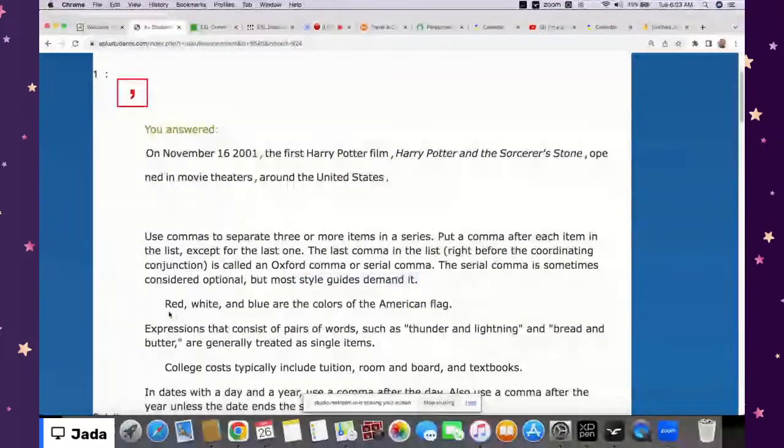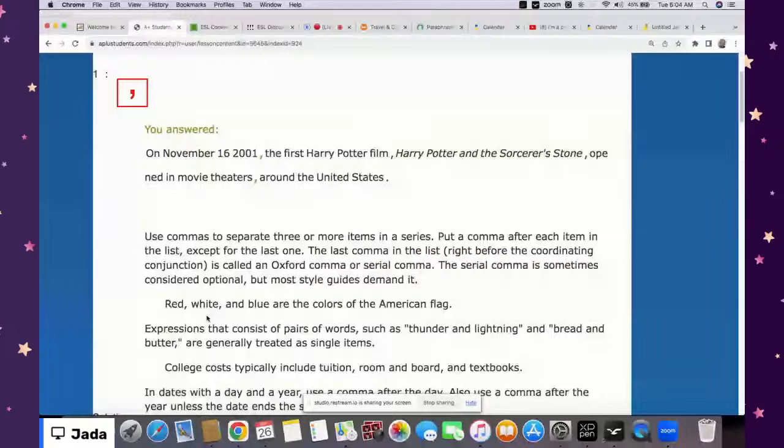So just like this here, we have an example, and this example has a series of items. So we have white and blue. Now, like it's been said, use commas to separate three or more. So the first one we're going to put a comma, and then the second one also we'll put a comma, which is after white here.